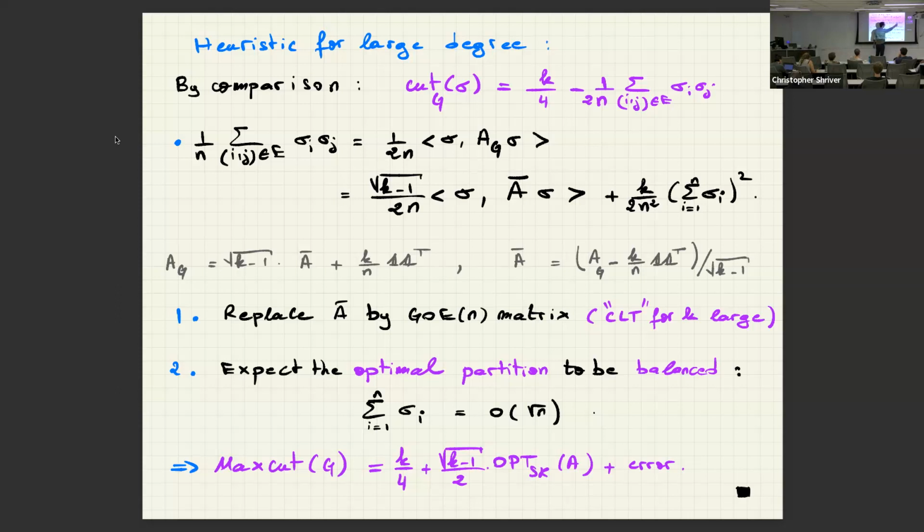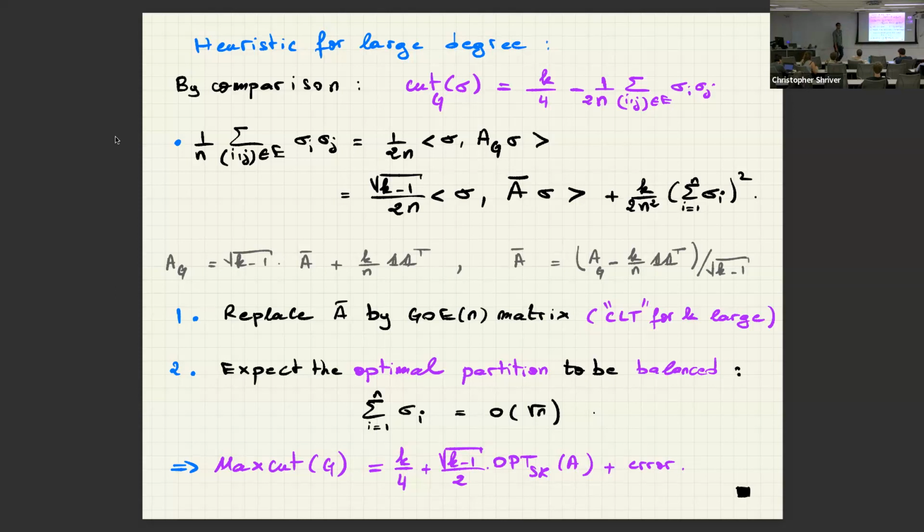So when we square it and then you have n squared, this goes away. Okay, so that's why you get the optimum of the SK model in front of square root k minus 1 over 2 here. And now that we know that this converges, this is the value that you shoot for. So that tells you why there's a p star in the asymptotic expansion.